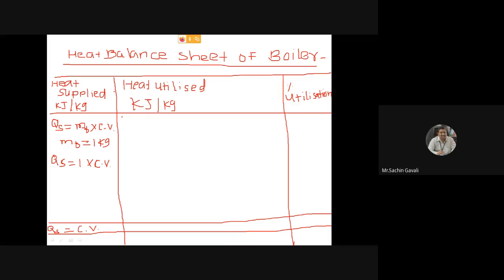Now next is heat utilized. First, utilization is always what? Heat utilized. If you are drawing along with me, you can draw heat utilized to convert water into steam.